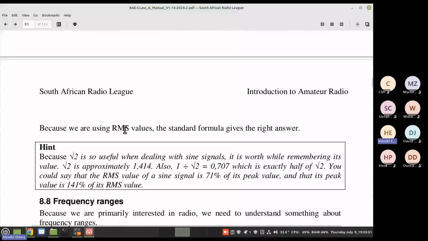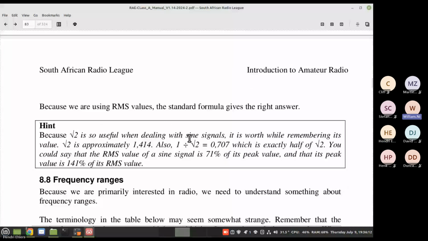Once again, because we're working with RMS values, if they say you've got an AC voltage with a peak of, say for argument's sake, 300 volts, then you will first have to convert that to an RMS value, and then you can once again apply Ohm's law.